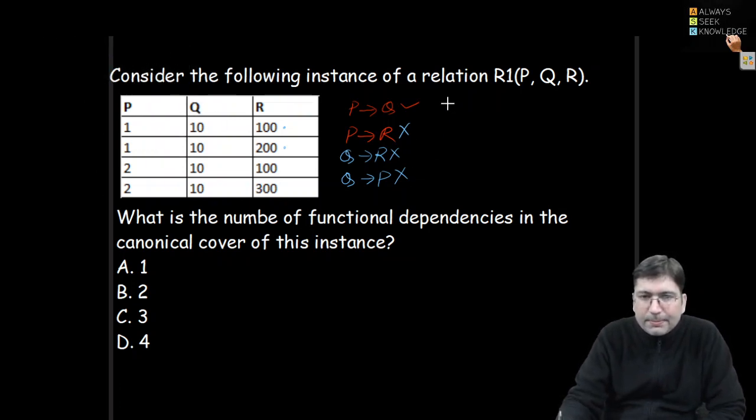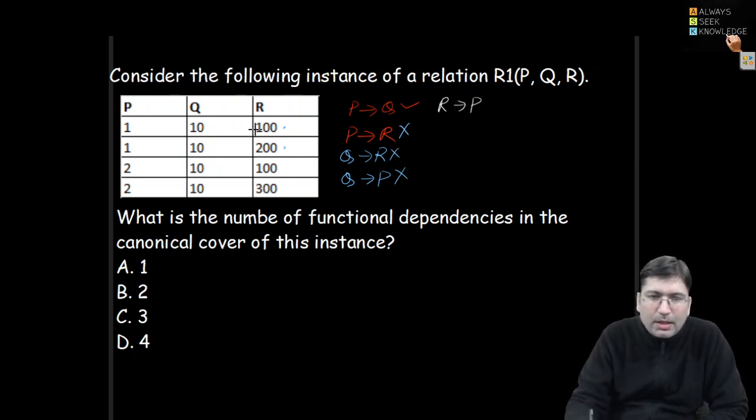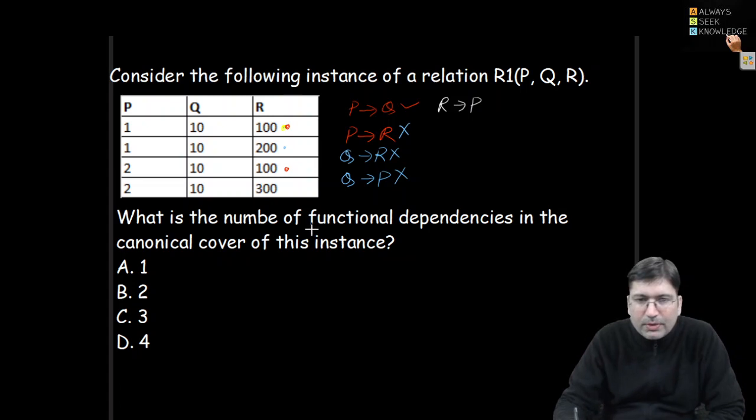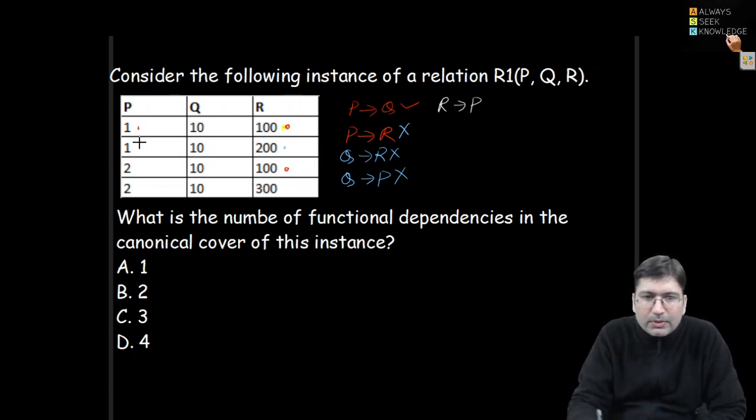Then let's consider R implies P. So check R implies P: 100 to 1, 200 to 1, 100 to 2. There's a problem. 100 here and 100 here have two different associations. One is with 1, another is 2, so it doesn't exist.